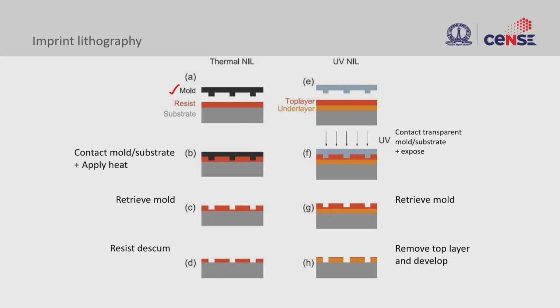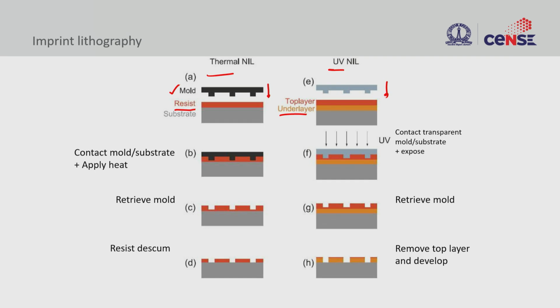Here we use a mold. There is a template and we press this template against a resist, or a layer that can take the shape of the mold. There are two ways to transfer. Once you press this mold on top of the soft layer, you either apply thermal energy to transform the pattern, or you do UV exposure, or you do light.